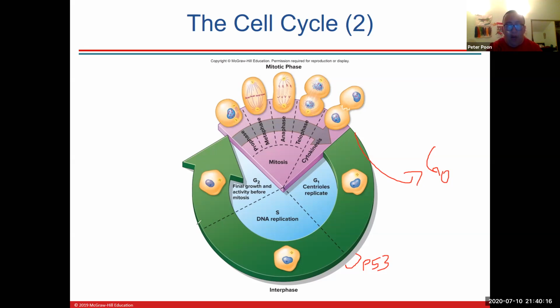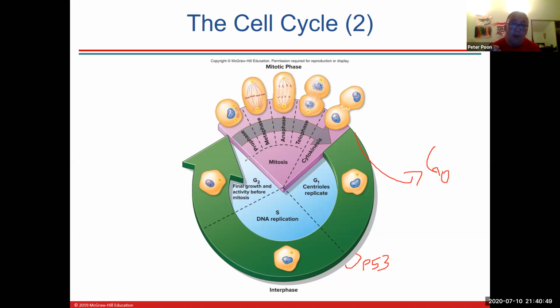Now, once you are finished with DNA replication, you go to growth phase 2. Growth phase 2 is one final burst of growth, but more importantly, your DNA is all wrapped up in chromosomes, as I explained earlier.